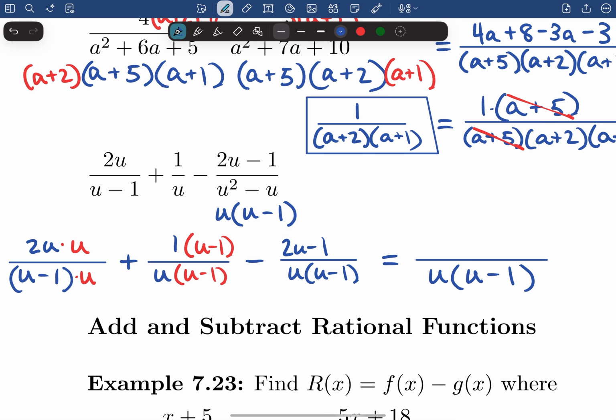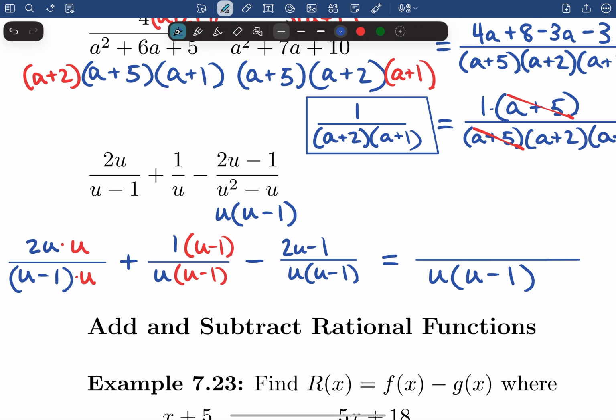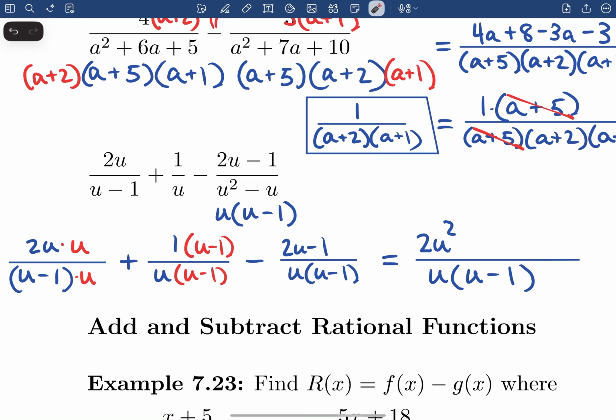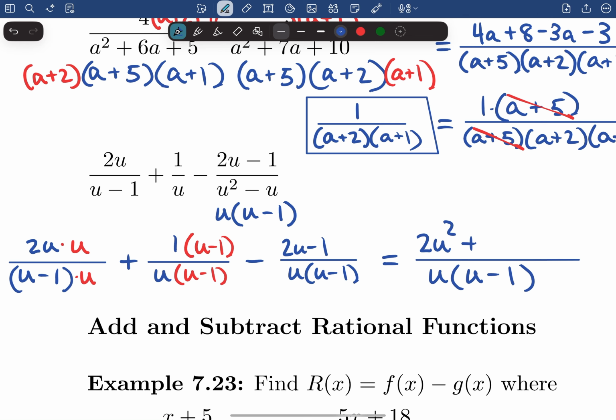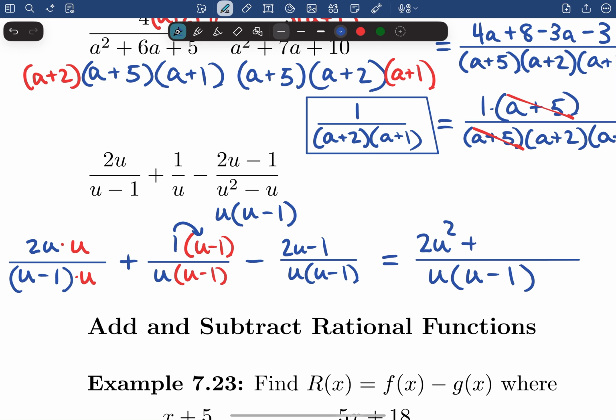And let's clean up the numerator. Well, 2u times u is 2u squared. U times u is u squared, agreed? So there you go, we wrote that out. Now we have this plus sign right here. This plus sign gets written down, boom. And now we have the distribution of 1 into both these terms.